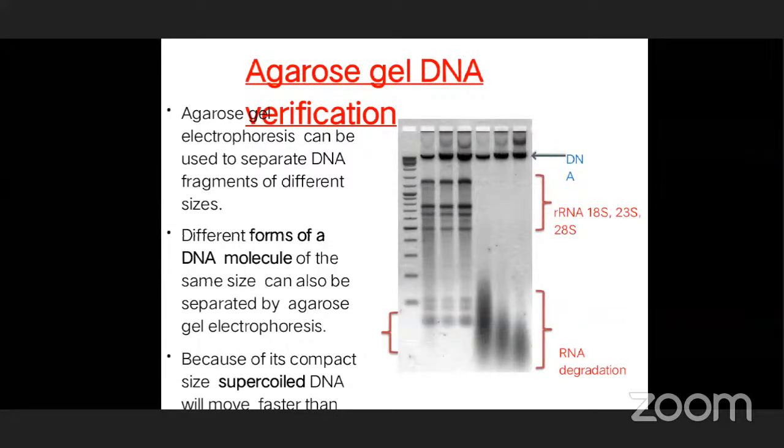Ribosome structure is smaller than DNA. That's why migration is higher than DNA: 18S, 23S, and 28S. And some RNA will be degraded. That degraded RNA's movement is faster than DNA and ribosomes. That's why its migration is higher. But these will be diffused on the agarose gel. This will be diffused and cannot be identified.